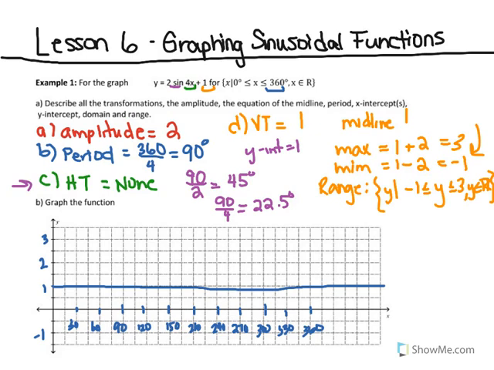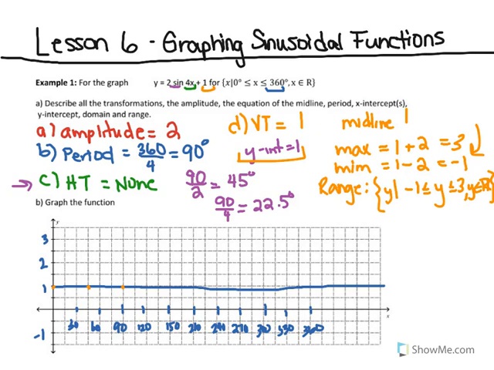Now we're going to plot our min and our max points as well as the end of our period. So we know that it hasn't moved left and right, and we start at our y-intercept. Our period is 90, so our end point is here. That means that we are going to cross the midline again at 45 degrees, which is halfway.